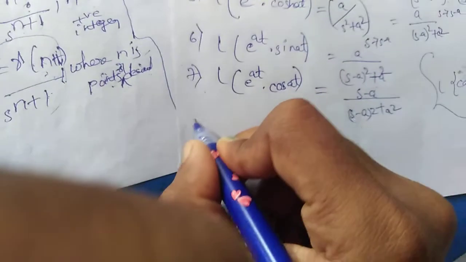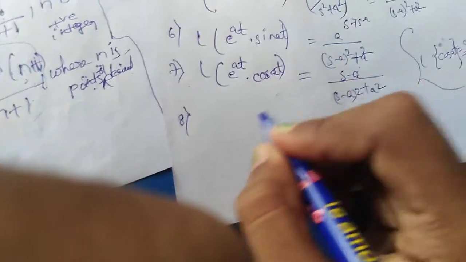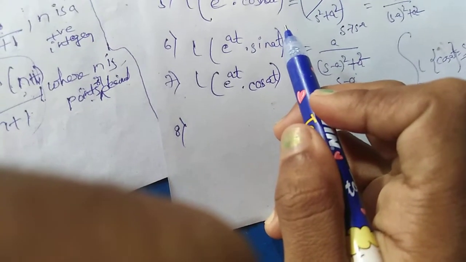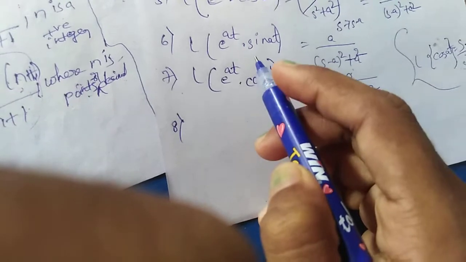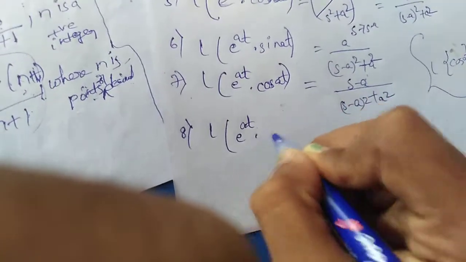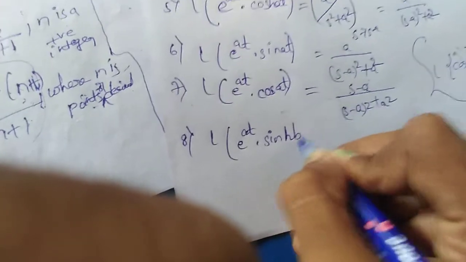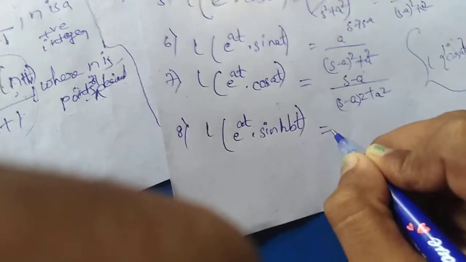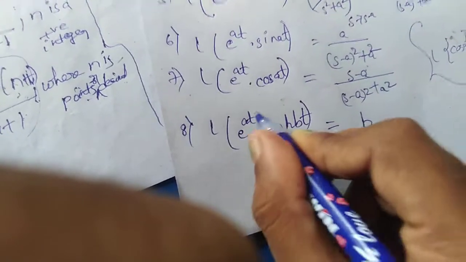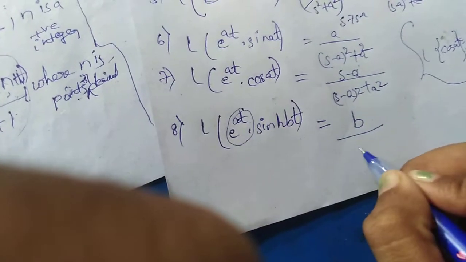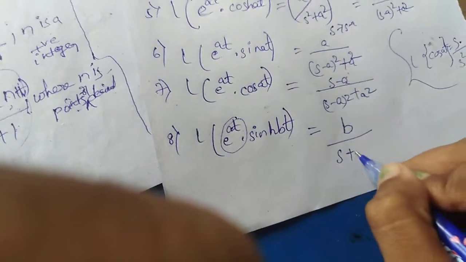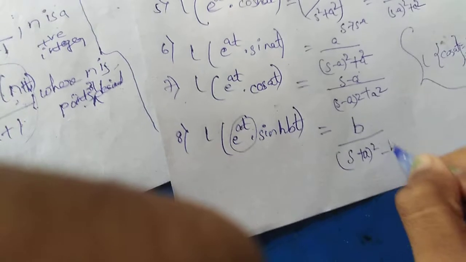Next, the sinh and cosh also work the same, and e power at sinh bt also as it is. Suppose L of e power at into sinh bt, we just mention b in the place of a, and the s changes to s minus a: b by s minus a whole square minus b square.